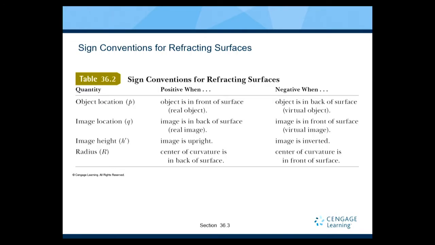The image location is going to be positive if it's behind the back of the surface, but if my image is outside of my paperweight, it's going to be negative. So you can see why keeping track of the sign conventions becomes really important. The same is true as what we've had before: if it's upright, it's positive; if it's inverted, it's negative. And then my radius of curvature can go either way.